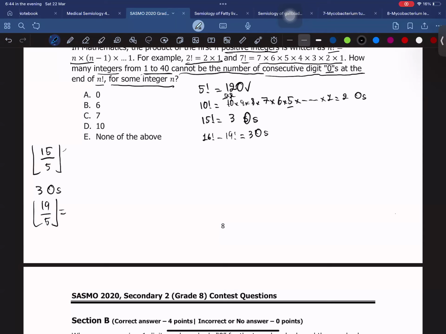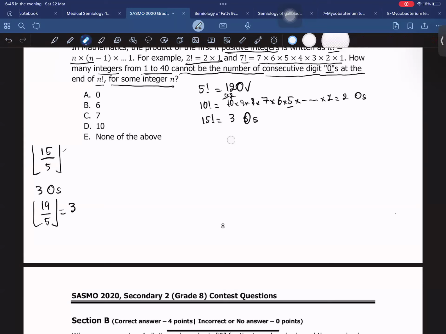Here we have 19 divided by 5, which means 3, with a remainder of 4. Even though you have 3.8 or 3.956 something like that, in the floor function it's going to be 3. So this is our formula to count the number of 5s, and this is going to be 3.